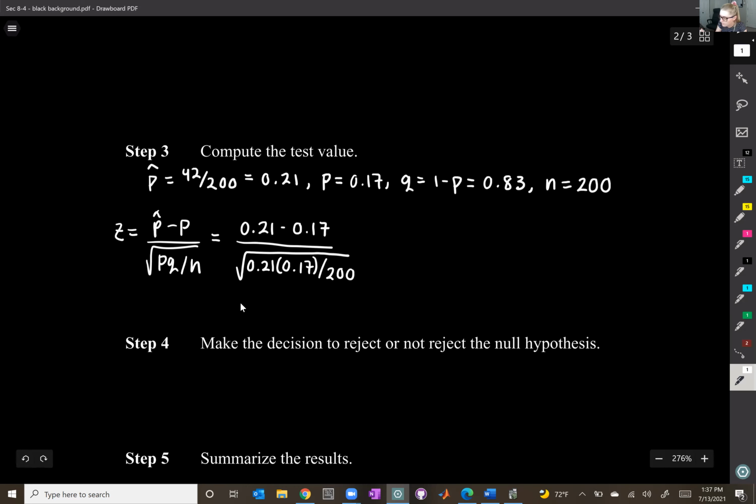I'm going to plug this all into my calculator. All right, and I got something. Hold on. Oh, because I wrote this down wrong. This should be p times q, and q is 0.83, not 0.17. My bad, everyone. Let me recalculate this.